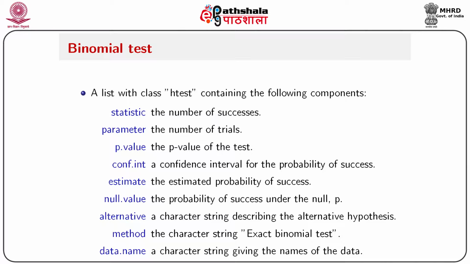All these return values can be accessed through the object of that particular test, with $ and the name of the return value that you are willing to get. Otherwise, if you just run the test, it will give you all the parameters that are listed there.